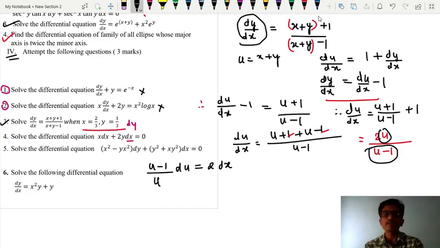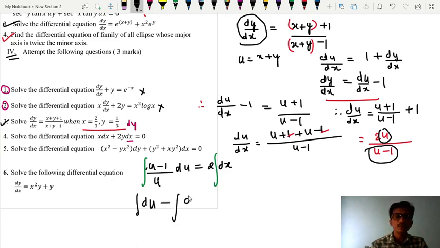Now integrate this. Integrating this we get, integration u upon u du minus integration du upon u is equal to 2 times x plus c dash, suppose.